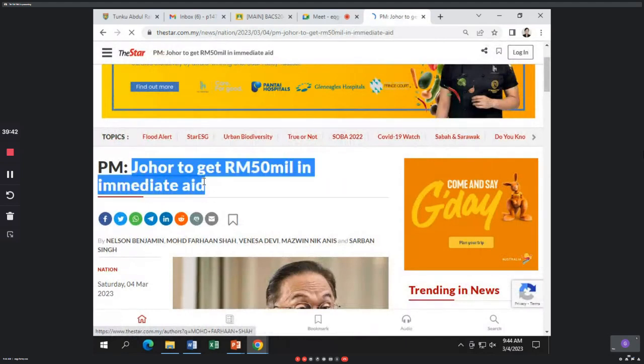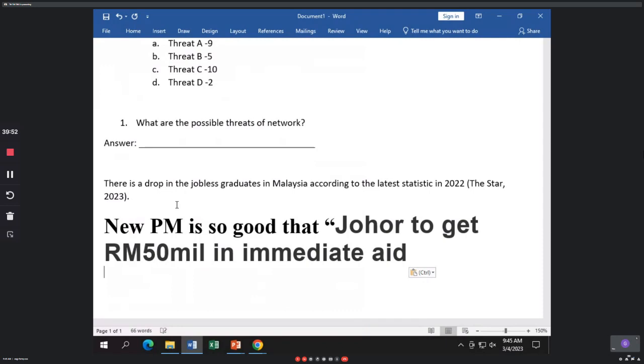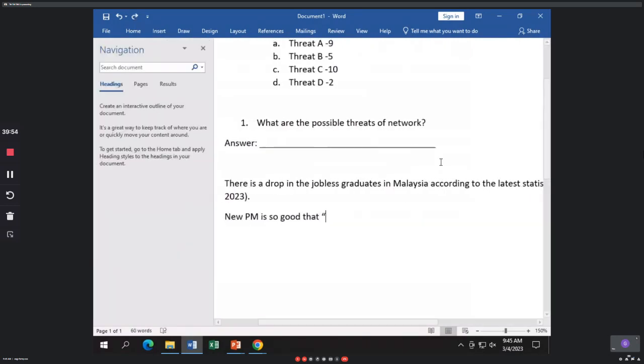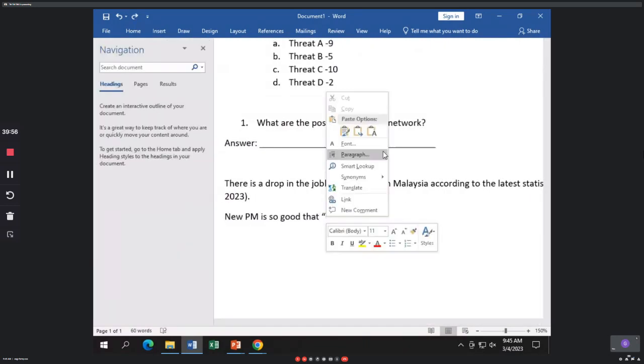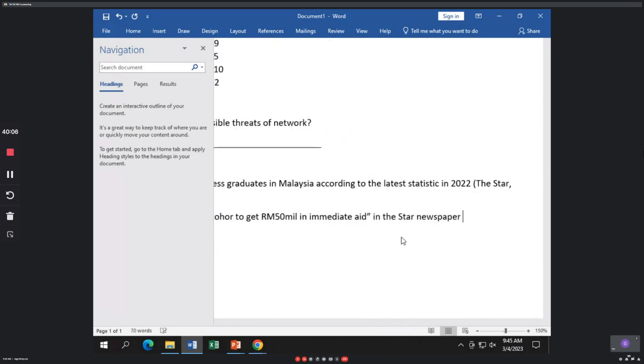This is from the Prime Minister. Right click, only paste the text. Johor to get immediate aid in the Star newspaper today. You still have to quote that this is from the Star, 2023.